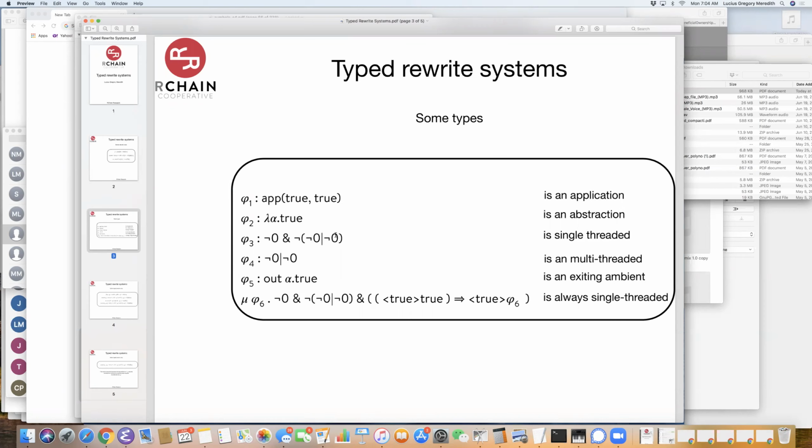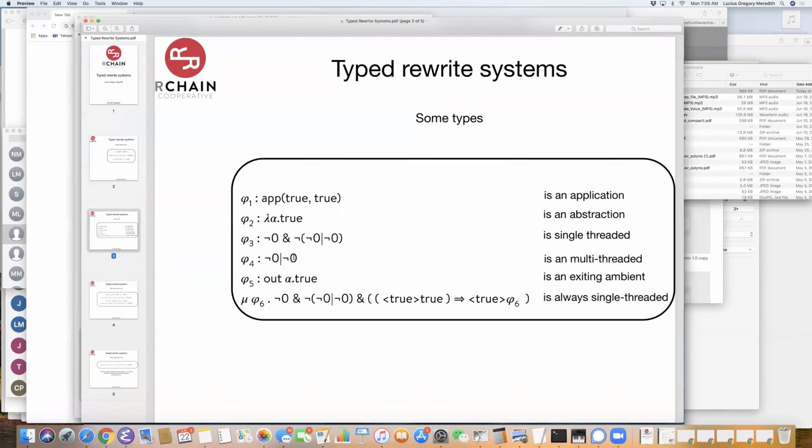Here is single-threadedness. It is not zero and it's not a parallel composition of two non-zero things. And dual to that, we have multi-threaded.